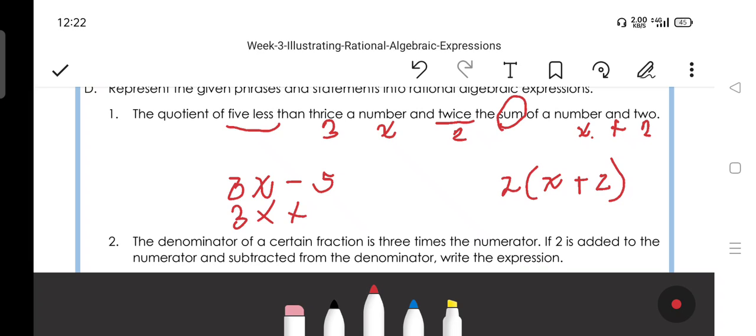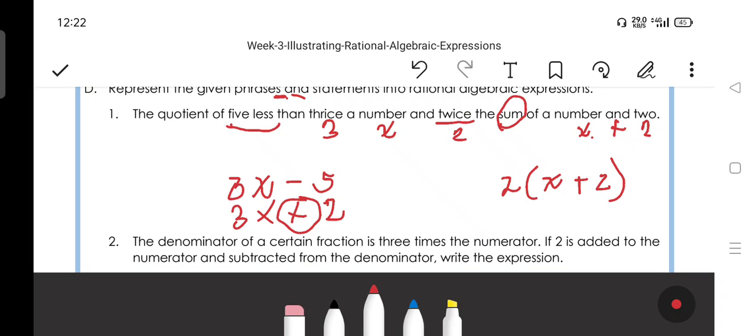Or 2 more than thrice a number, so we have 3x plus 2. So remember, less than is subtraction, and more than is addition.